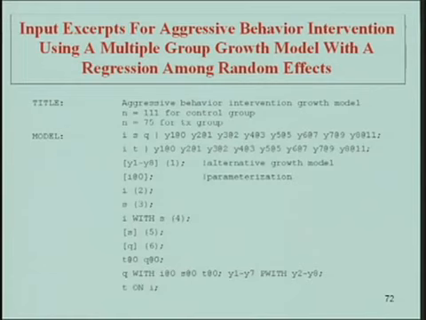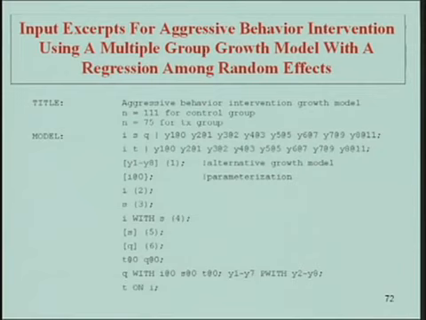And in addition, you have a linear growth part, in which we will only, as it turns out, only use that T growth factor in the treatment group. We're going to zero it out in the control group.